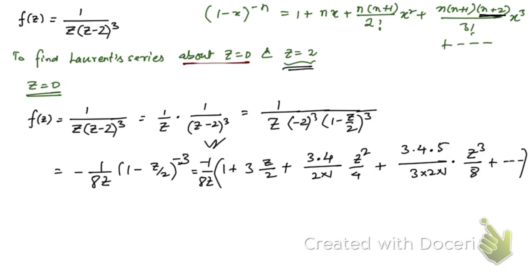Okay, so what we will get after cancellation: here 4 cancels, here 3 cancels, and 4 cancels 8 gives 2, and so on. So here we're gonna have minus 1 by 8z times (1 minus z by 2) whole to the power minus 3.